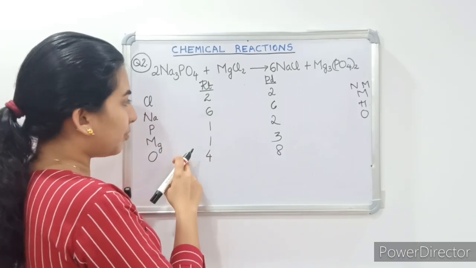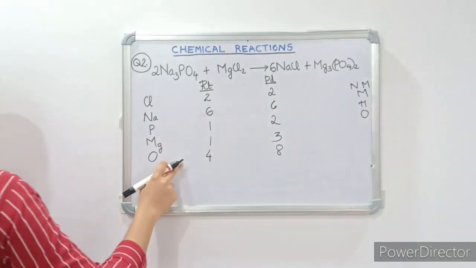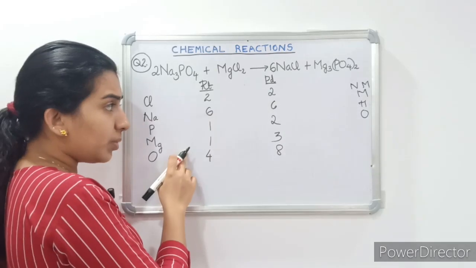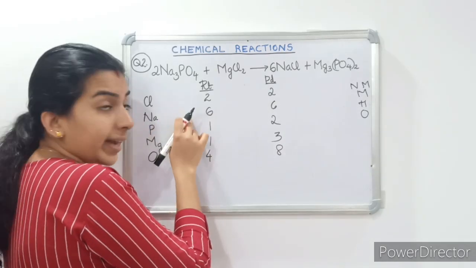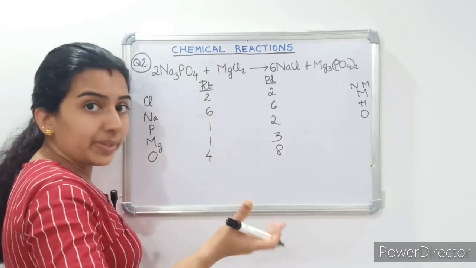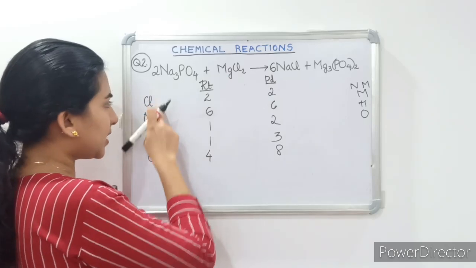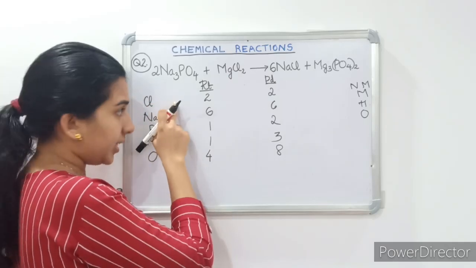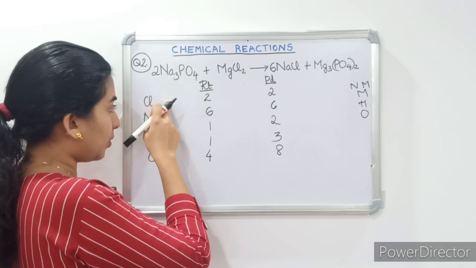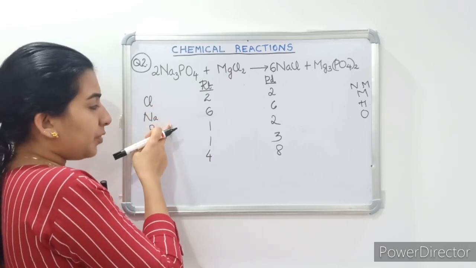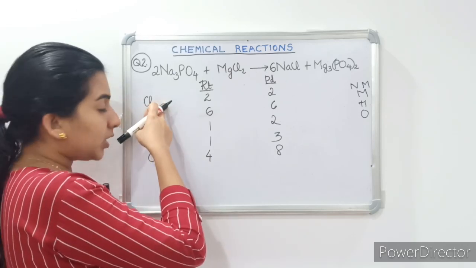So I have told you before that while moving to the next element, we have to check the previous element which we have balanced already. So I have balanced first chlorine, then sodium. After balancing sodium, we will recheck with chlorine.